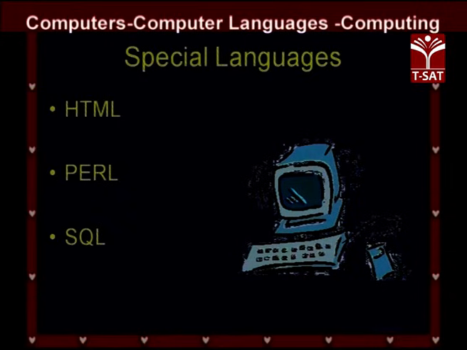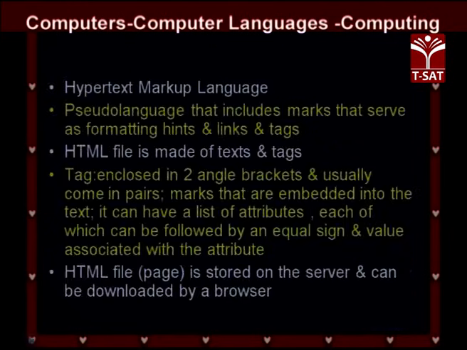Again, special languages: HTML, hypertext markup language, Perl, SQL, structured query language. These are a few other languages used to communicate with the system. Markup language uses two angular brackets and usually comes in a pair. As we discussed, HTML is a tag.